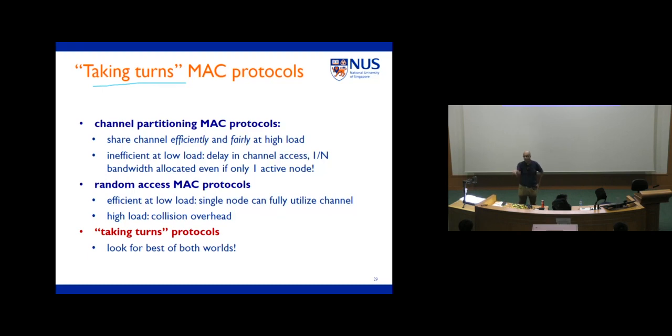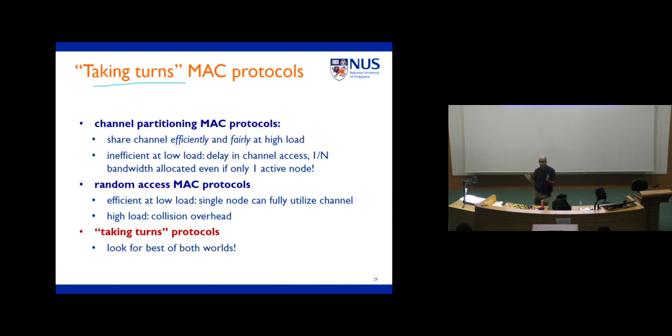Random access is the opposite. If you have only 1 or 2 users who are active, they can keep transmitting all the time, no collisions, everything is good, you get the full network bandwidth. But if everybody is active all the time, you're going to get more and more collisions. You'll end up with collisions more and more frequently.